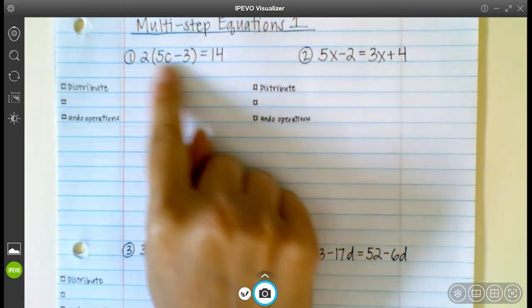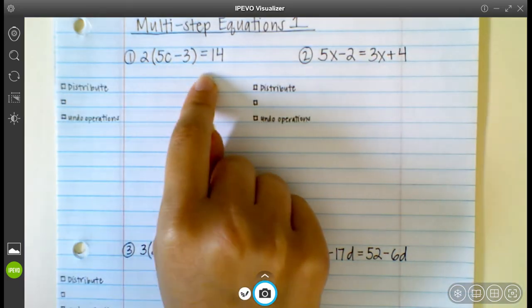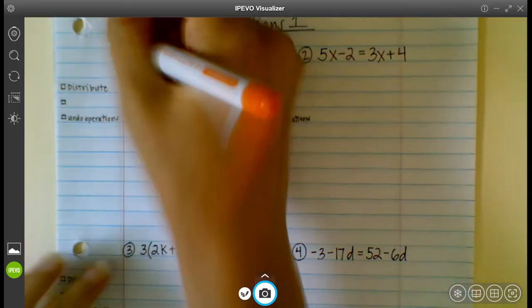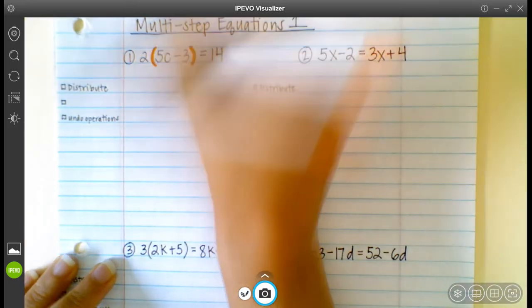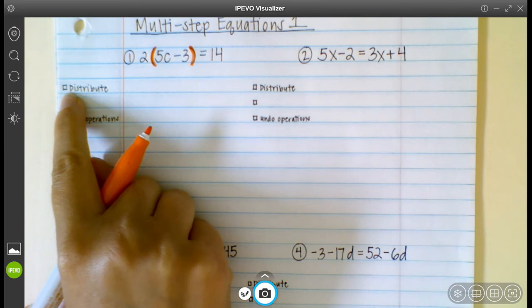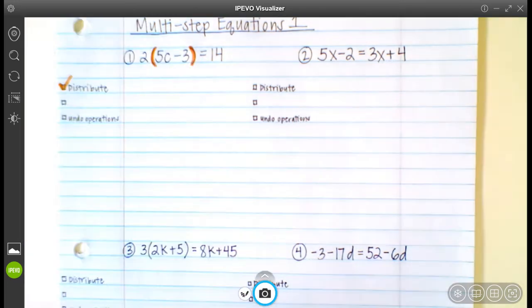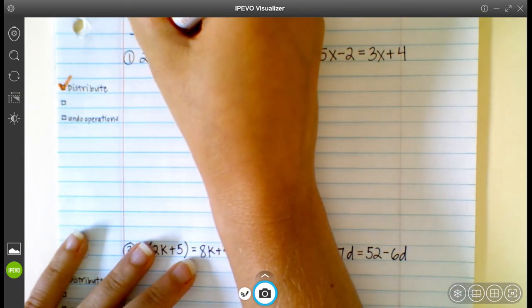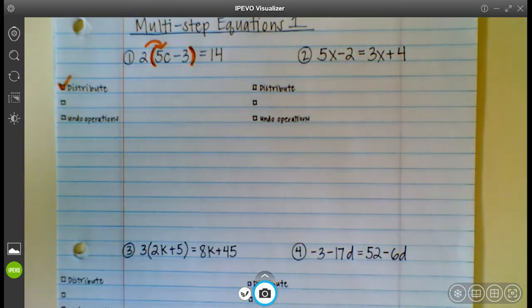So right now, as I look at this equation, something is really drawing my eye. And the thing that's really getting me right here is the parentheses. So as soon as I see parentheses, I know that in my checklist that I am going to distribute first. So I'm going to mark that off with a little check. And we are going to use our arrows to help us multiply and distribute that through.